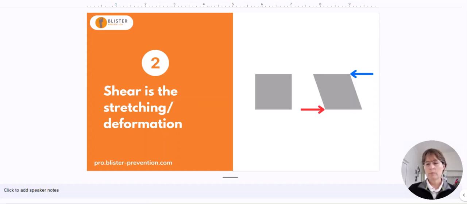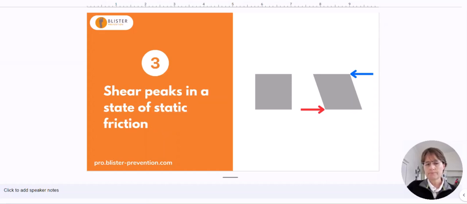And so everything in between has to stretch and distort to allow for that mismatch. So just imagine the skin cells stretching back and forth and all their connectors kind of fatiguing after a while because there's just been too many episodes of shear. Shear is the stretching and deformation. And shear peaks in a state of static friction.